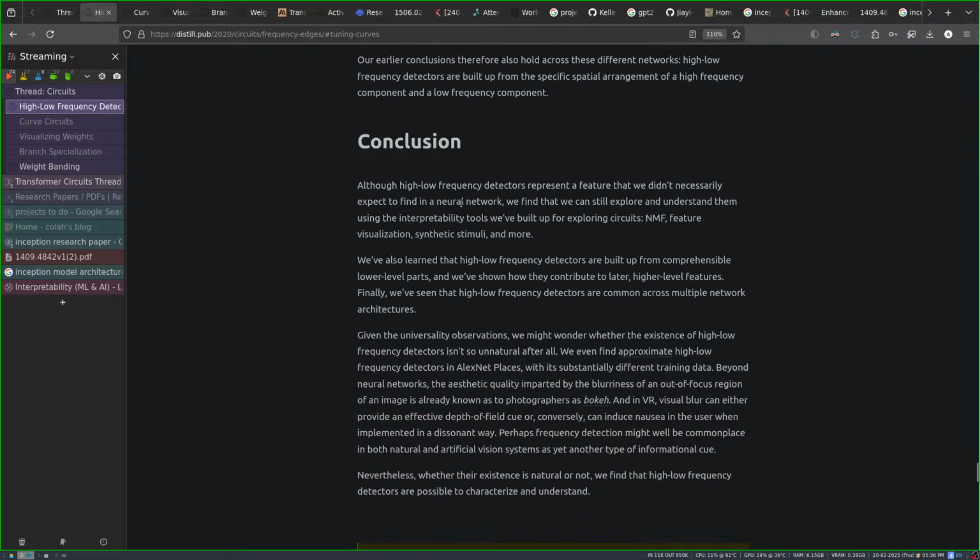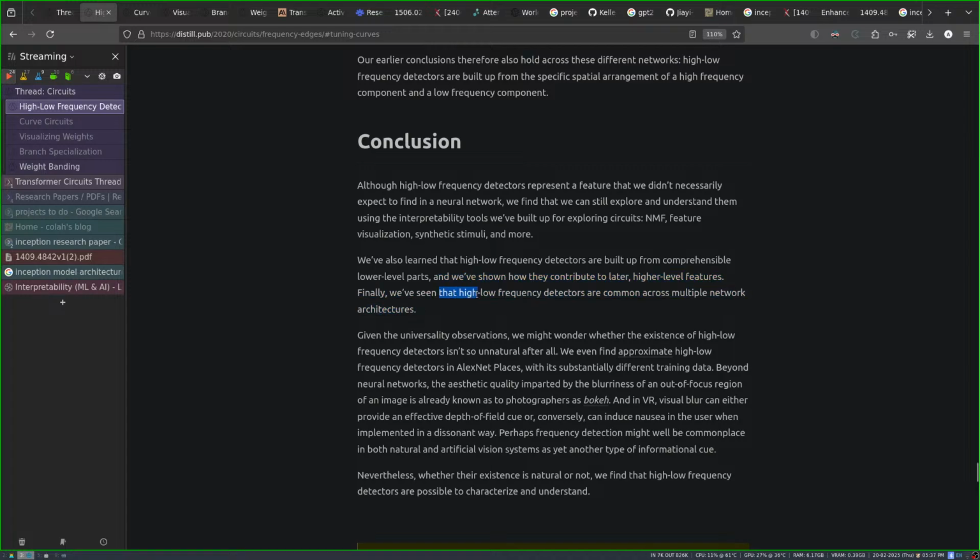Although high-low frequency detectors represent a feature we didn't necessarily expect to find in neural networks, we find that we can still explore and understand them using interpretability tools. We also learned that high-low frequency detectors are built up from comprehensible lower-level paths, and we have shown how they contribute to later higher-level features.